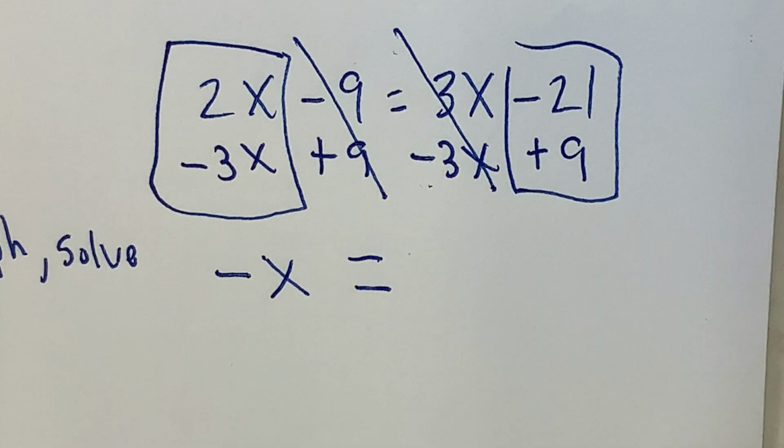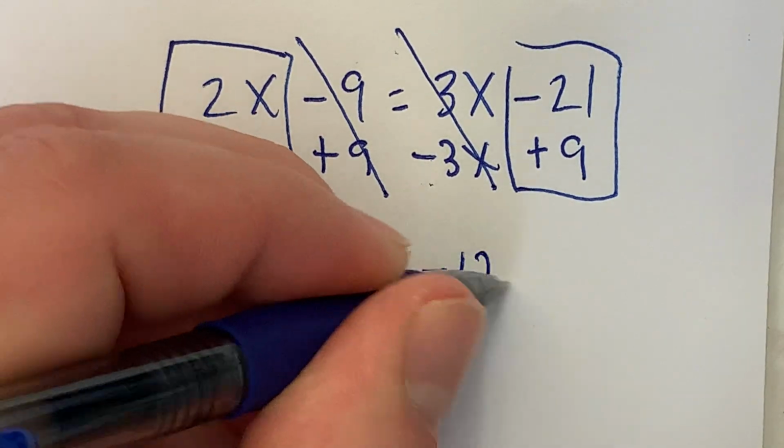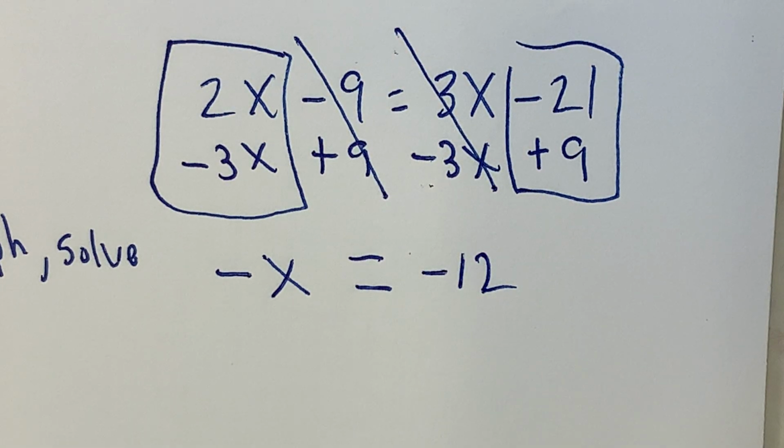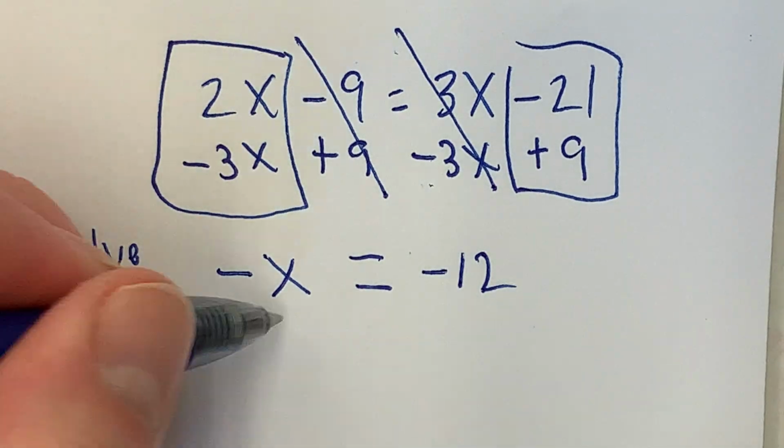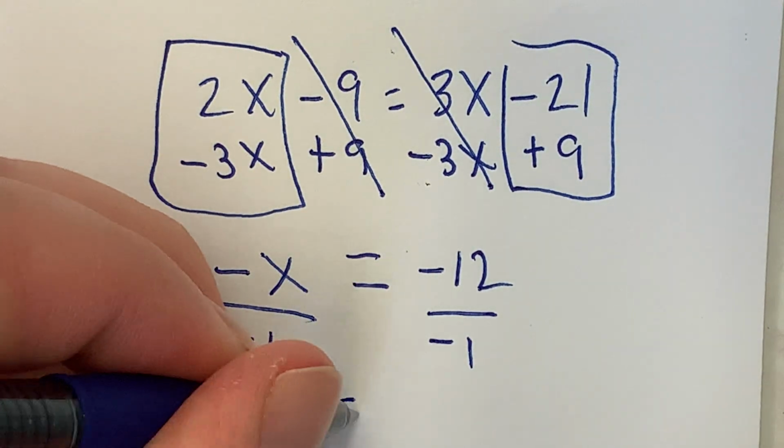And negative 21 plus 9 is negative 12. And the negatives should cancel out, so we're going to divide both sides by -1, and x equals 12.